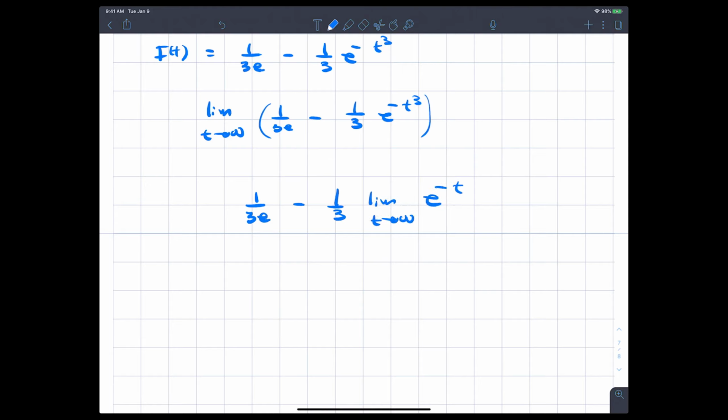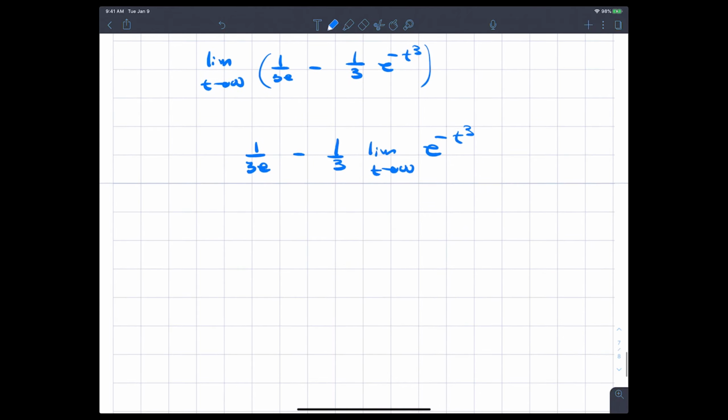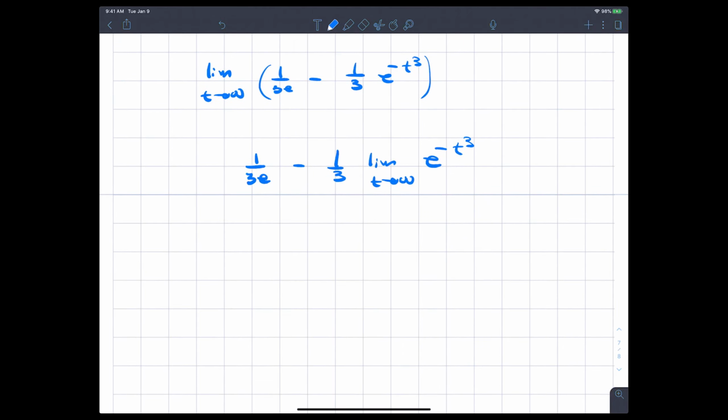We have to look at this here. So here I just use properties of limits, ladies and gentlemen. The limit of a difference is the difference of limits. Limit of a constant is a constant. And we're going to have to find what this limit is right here, right? So we're focusing on that limit.